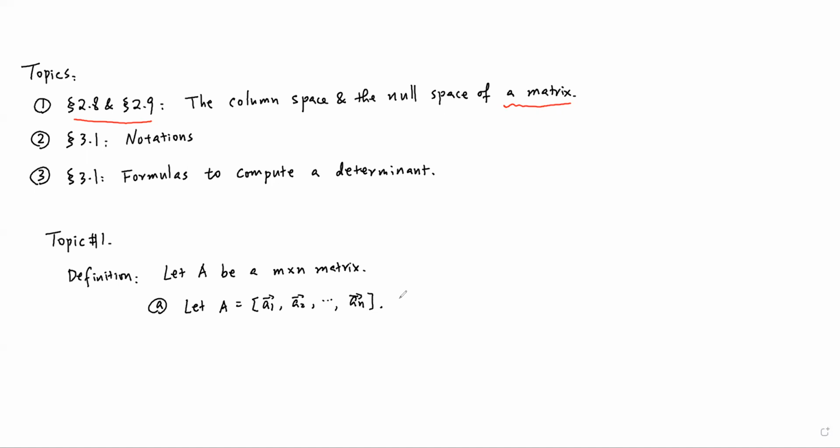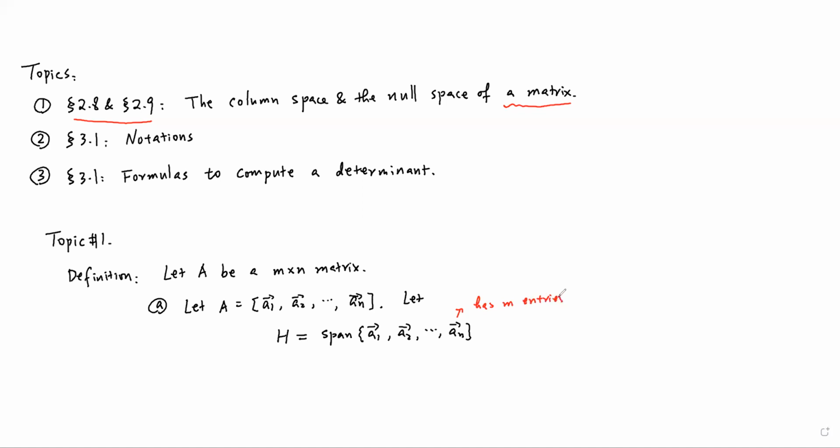Each column is a vector. Now I let H be the set spanned by the columns. H is a subspace because each column has how many entries? A has m rows, so each column has m entries.